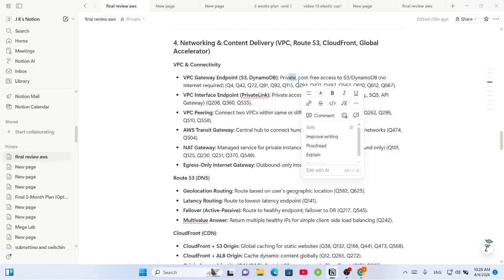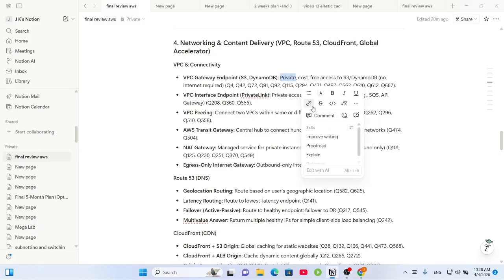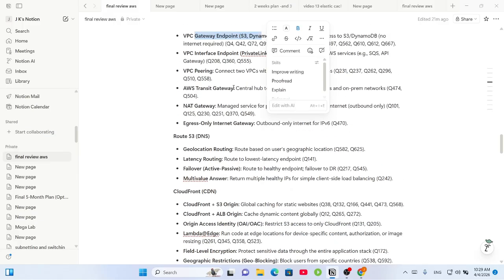But it's private. So since it's private, there is one way you can do: you can link it with the NAT gateway. Like you can have internet access, but it will require internet access. So you don't want to give internet access to this instance. You just want to access these AWS services. You can use VPC gateway endpoints.